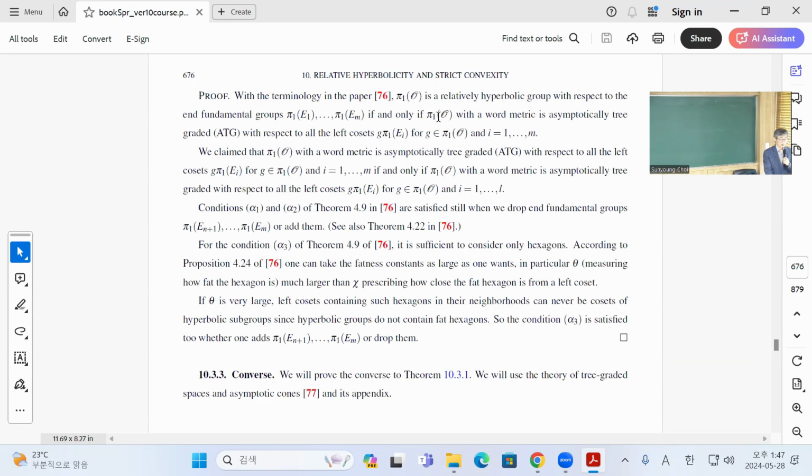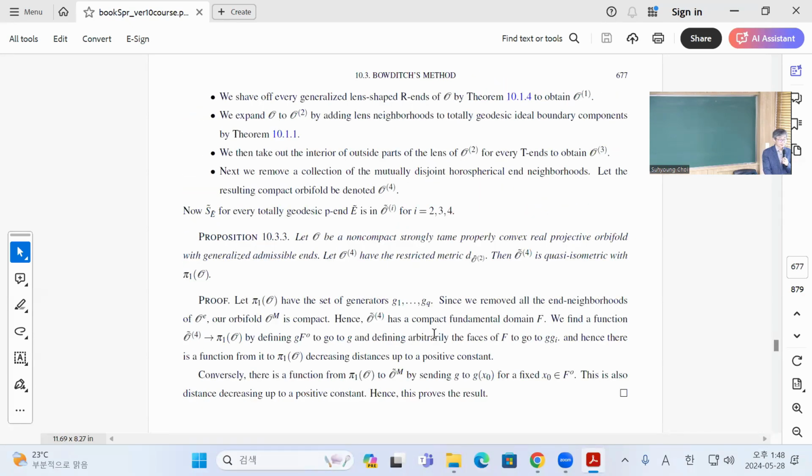So basically you have to consider their paper, and you look at their notion of asymptotic tree-graded metric, and then this condition isn't really changed when you add or drop these conditions. Okay, so that's the thing, and then I want to do the converse of this.